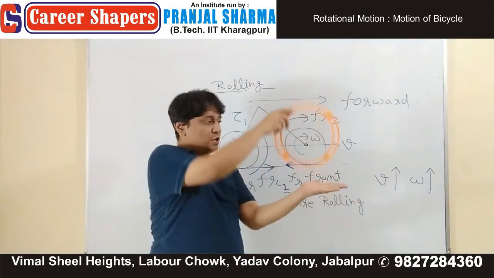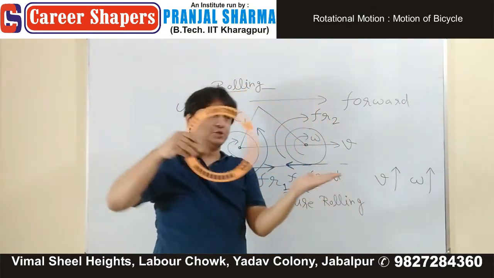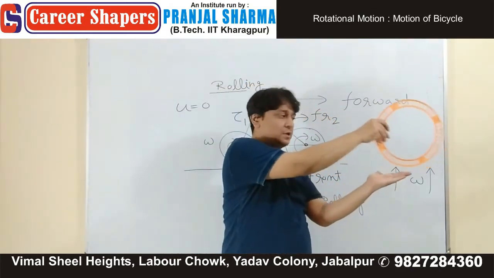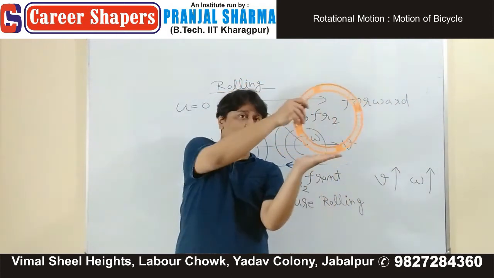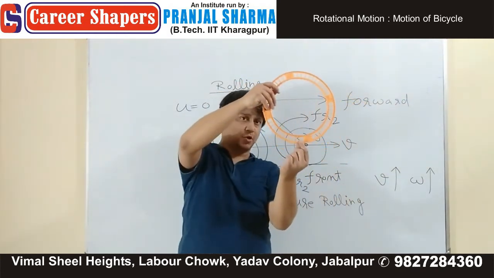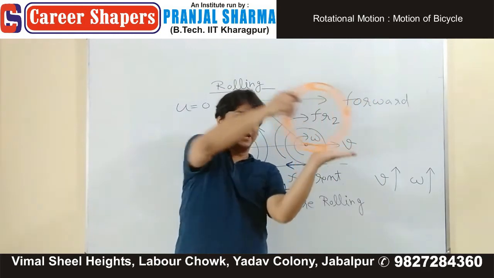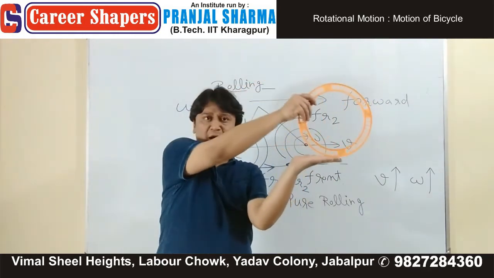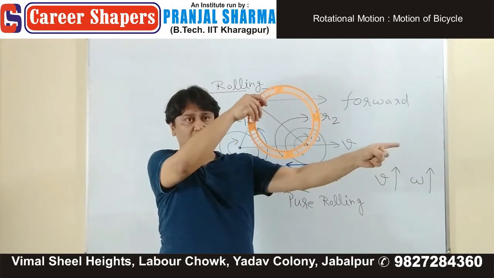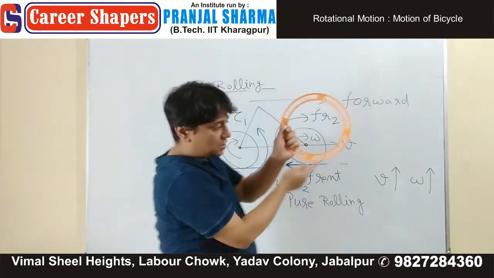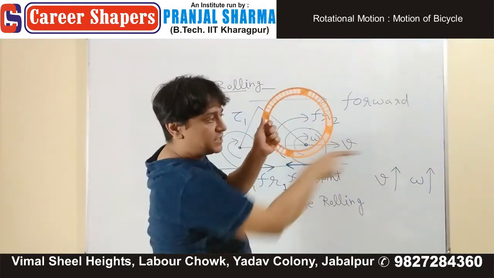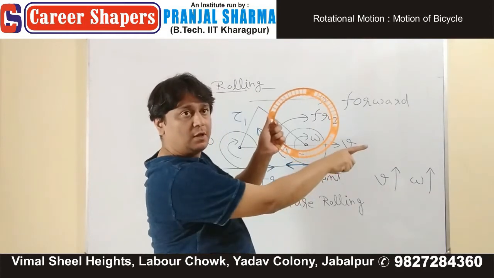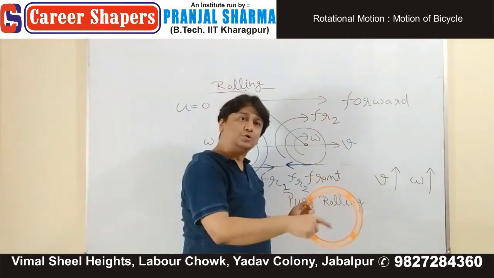Imagine this. You have a wheel which is being pushed. The moment you push it, what happens? Look at this contact point. This contact point, I hope you can see, is slipping against my hand in the forward direction. If this contact point has a tendency to move forward, then friction is going to oppose it.